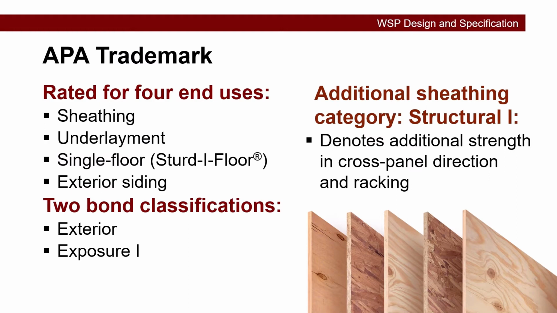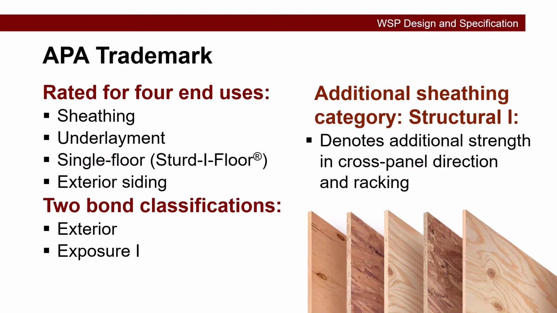All engineered wood products that bear the APA trademark use moisture-resistant adhesives that are known to provide bond quality and strength over time, despite fluctuating moisture conditions. APA trademark panels may be produced to 2 moisture-resistant bond classifications.